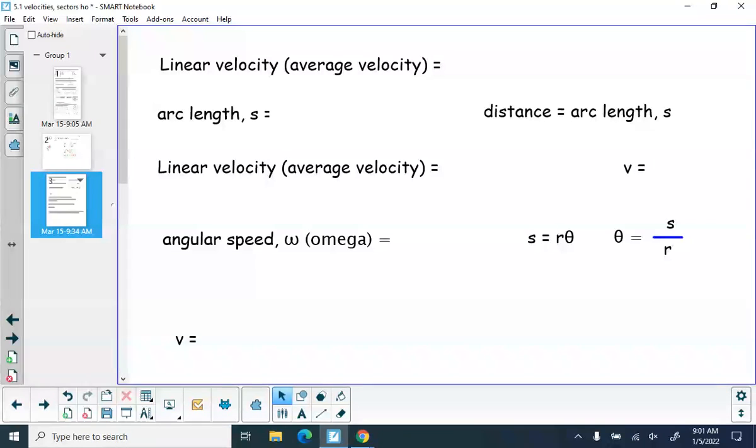Linear velocity, average velocity, how do we calculate that? How fast you go, what's your total distance, how long did it take to go that far?